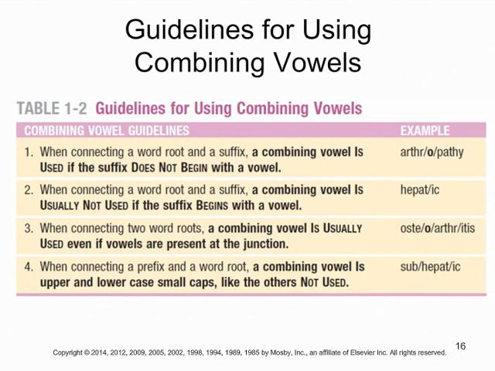There are some general guidelines to follow when we actually figure out whether or not we want to incorporate a combining vowel. So number one, we do add in that O to help say things a little bit more smoothly when we have a suffix stuck onto the end of a word that doesn't already begin with a vowel.